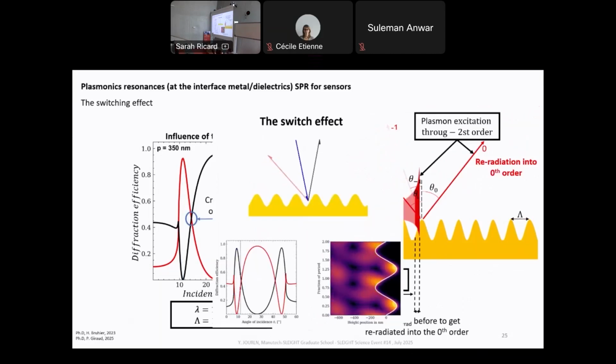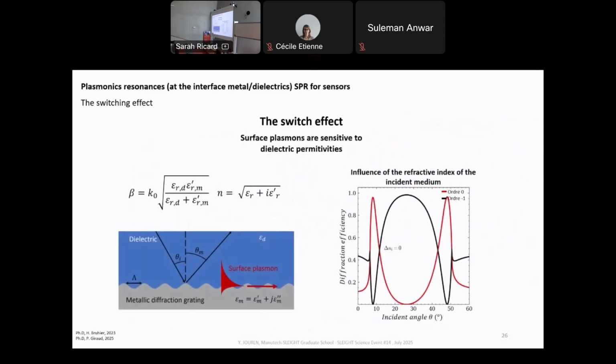Okay, so it worked, we are happy. And 6 years after this explanation, we thought about this configuration to develop a sensor.